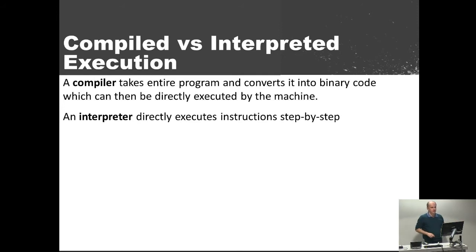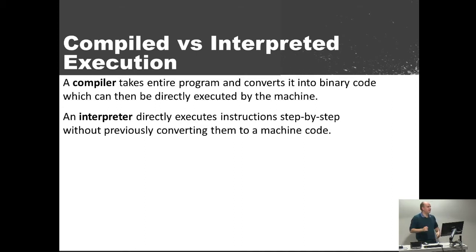Okay? In the interpreter case, each time you are running a program, each line is converted one after the other. Okay? So it's executed step by step. So there hasn't been any pre-conversion to a machine code.